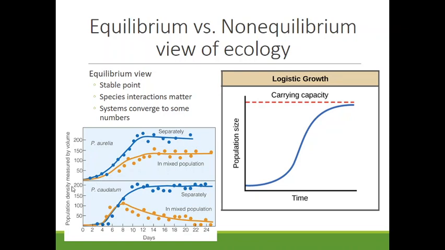So in the classic Paramecium experiments, where they were looking at how these were competitively excluded, Paramecium caudatum eventually, with enough stable time, went to extinction. So this equilibrium view is used by a lot of different models.